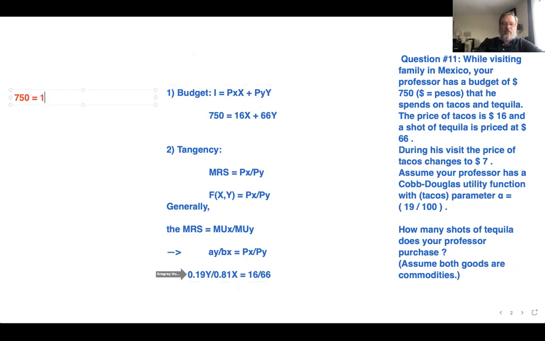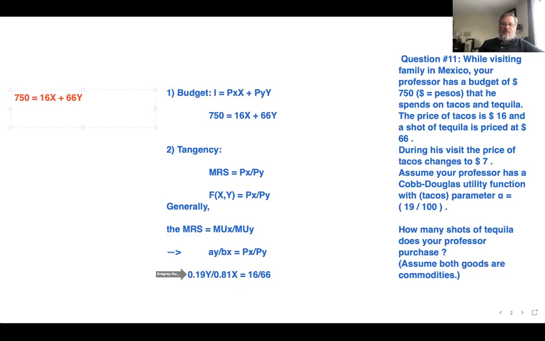So we have 750 is equal to 16x plus 66y, right? And this is the point in time where I would get out my handy dandy calculator. 16 divided by 66, I get 0.242424, right?